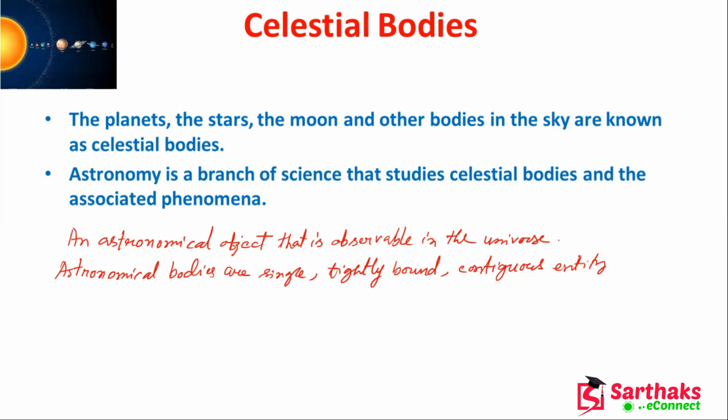Here the examples we can give of astronomical bodies are planetary systems, star clusters and nebulae, and galaxies.